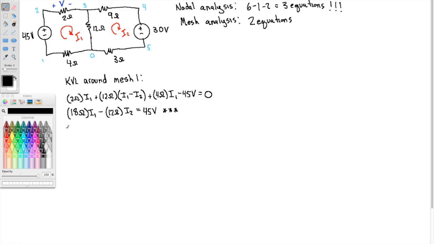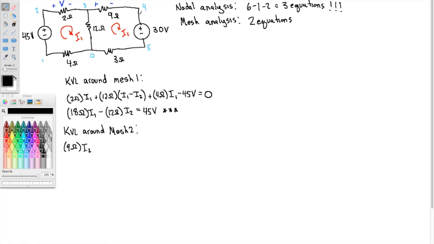Alright, let's do KVL around mesh 2. Alright, so I'll start at the top left of mesh 2, and that happens to be node 3. I'll go in the direction of my chosen mesh current direction. So that's 9 ohms is the first thing I get to. And the voltage drop from here to here, node 3 to 4, is 9 ohms times I2.